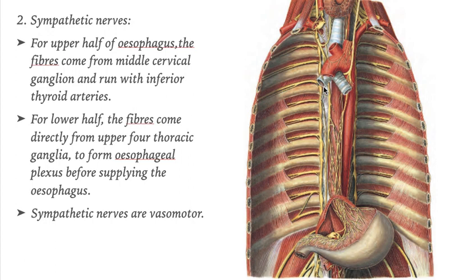Sympathetic nerves: in the upper half of the esophagus, fibers come from the middle cervical ganglion and run with the inferior thyroid arteries. In the lower part, fibers come directly from the upper four thoracic ganglia to form the esophageal plexus before supplying the esophagus. The sympathetic nerves are vasomotor.